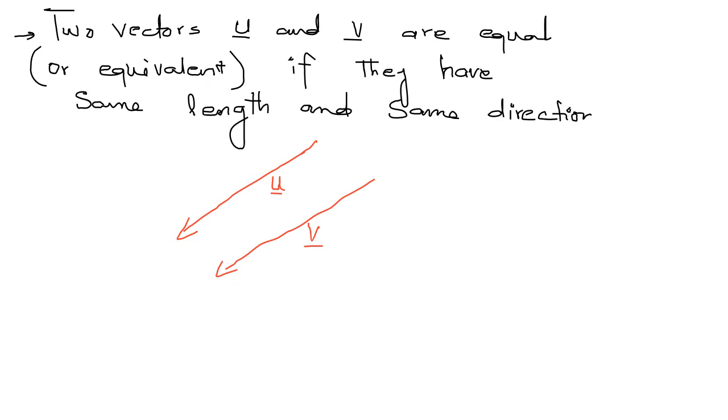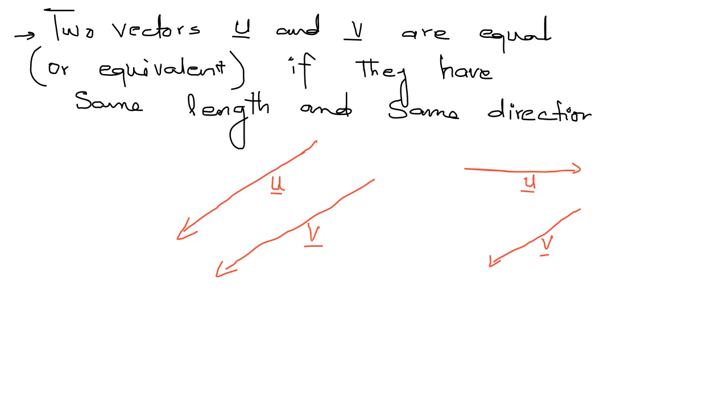For example, you can say this is the same length, but they have two different directions, this is u and this is v, two different directions, so you can't say that they are equal vectors. For equal vectors, they must have the same length and the same direction. Okay. Got it?